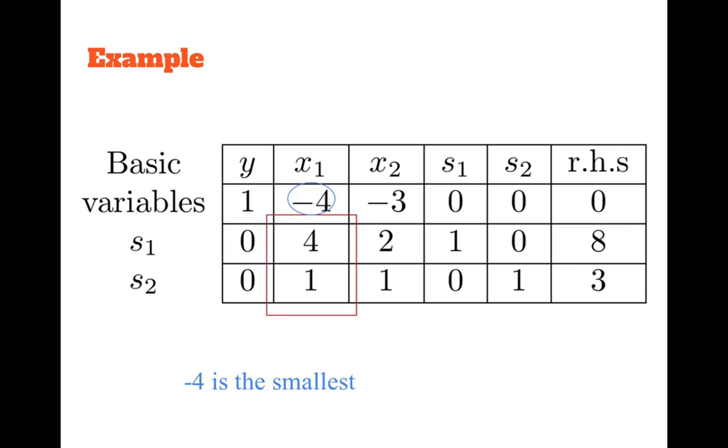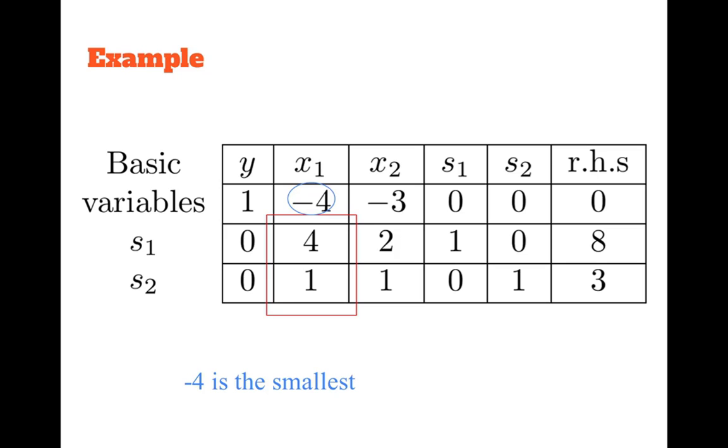Then I write down a tabular form of the system of linear equations of constraints, which is a table of dimensions 4 by 6. The coefficients with respect to the system of linear equations are the following: 1, minus 4, minus 3, 0, 0, 0, 0, 4, 2, 1, 0, 8, 0, 1, 1, 0, 1, 3.